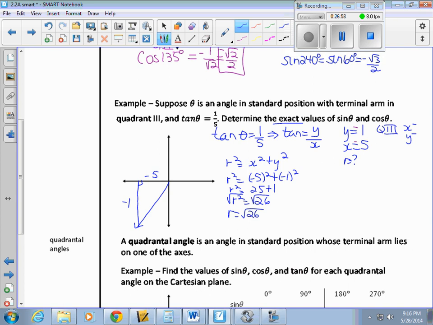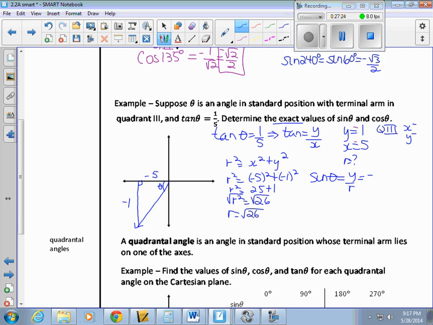So that means to find my sine of theta, so this is my reference angle theta here. So sine is equal to, not y over x, y over r, because it's SOH.